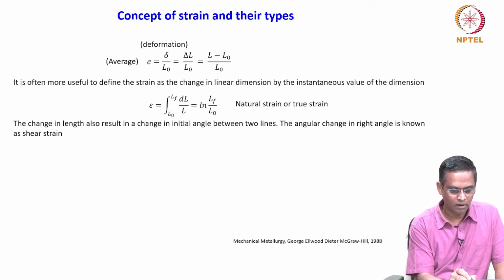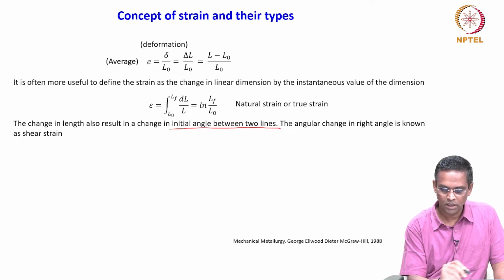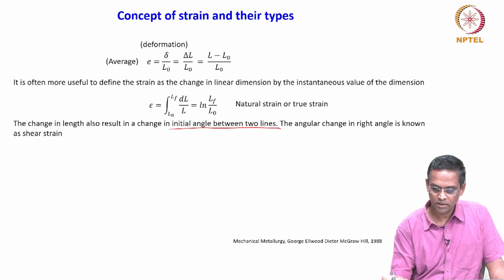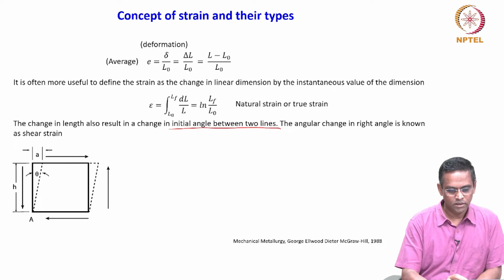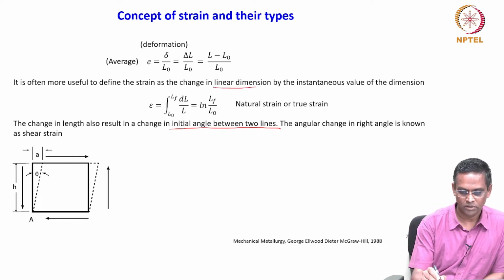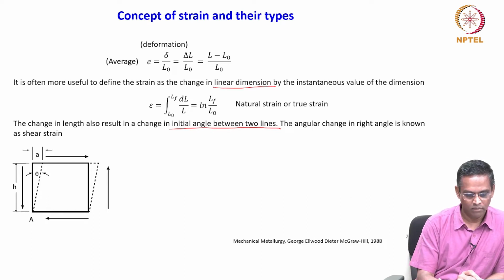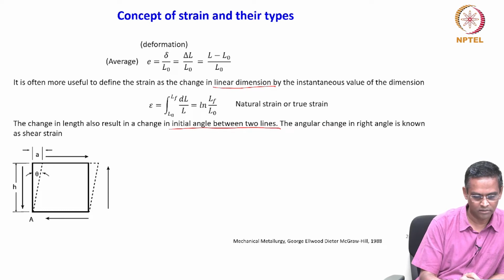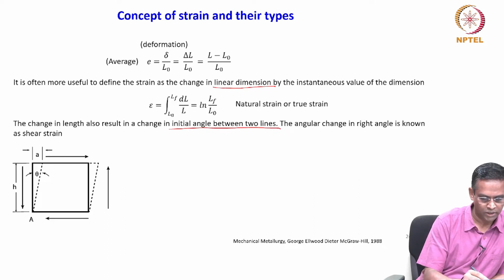So, the change in length also results in a change in the initial angle between the two lines. The angular change in the right angle is known as shear strain. So, the linear dimension that we have looked at as a deformation can also involve this change in angle. For example, if you take this square, these two dotted lines make an angle with respect to this face.